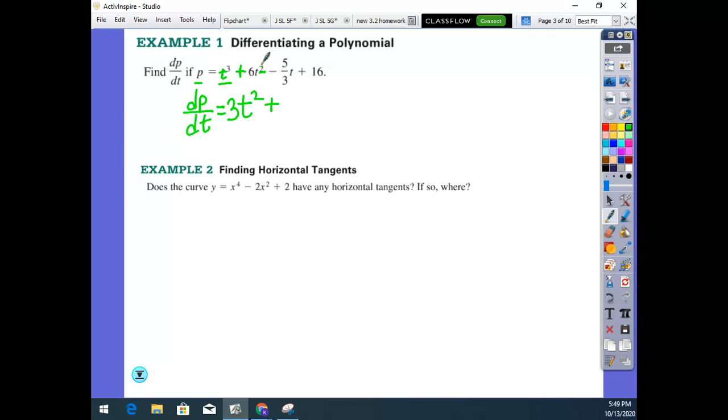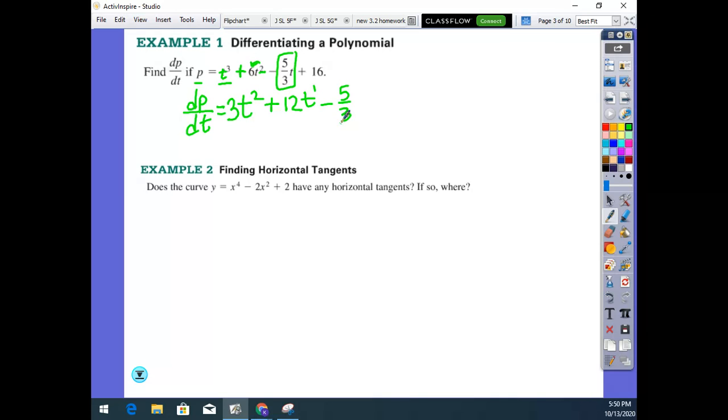The 2 gets multiplied times the coefficient, 12, t to the subtract 1 first. Minus, anytime you have just a single variable, the coefficient is the derivative.